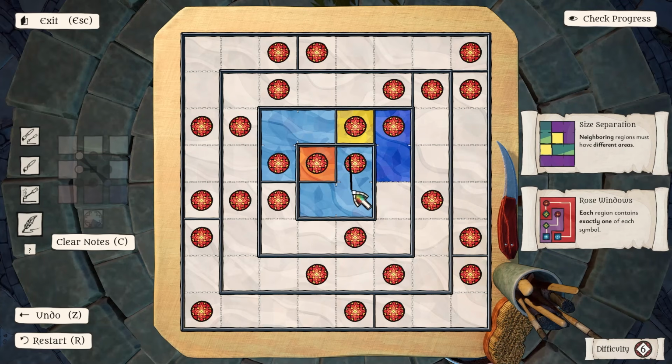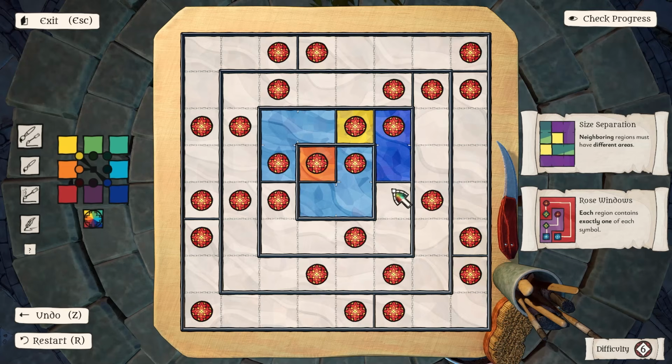Wait, it can't be a 3 for this reason anyway. So you're a 2, or you're a 4. If you were a 4, is there any problem with that? Well, yes, there's a problem with you being a 4. It'd be a 1 and a 3 down here, and we can't have a 3. So, you're a 2. You stop there. You join to that. You can't be 3, so you're a 4 or a 5.